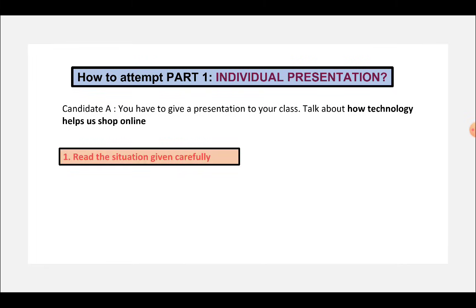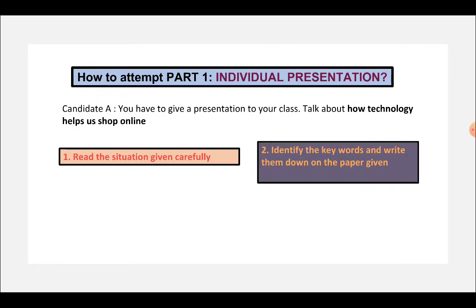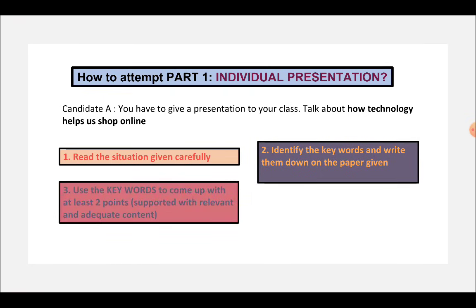Firstly, read the question carefully and identify the keywords and write them down on the paper given. This will help to ensure that you are not talking about something else or going off tangent.